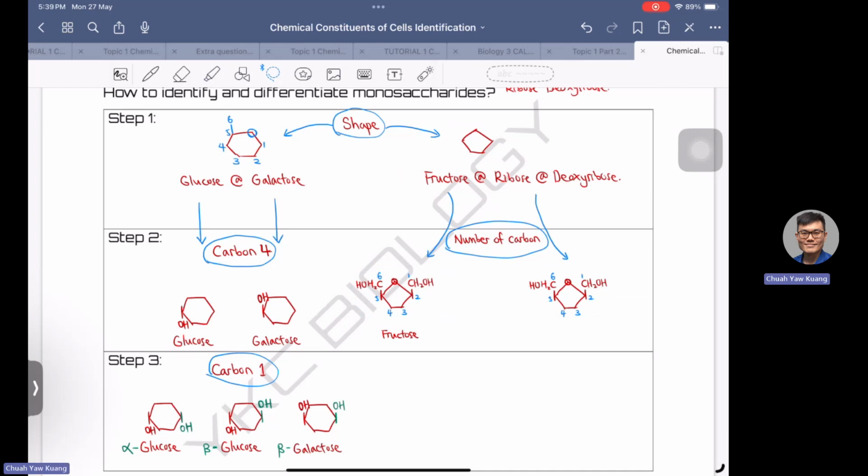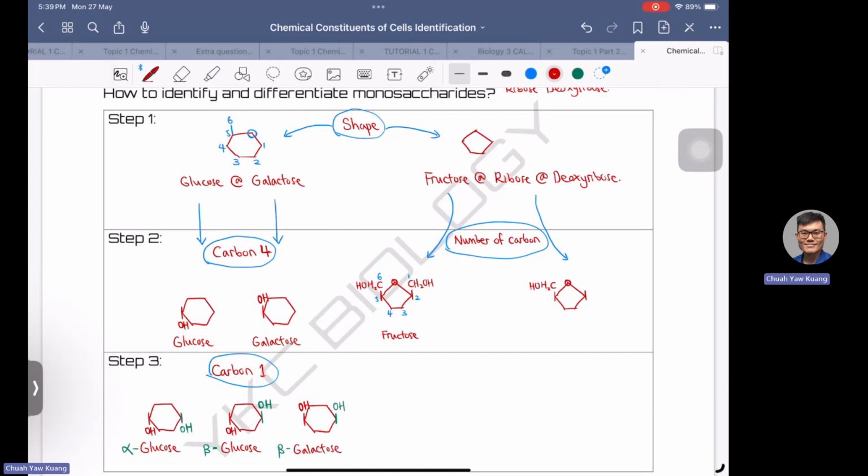But over here, you will notice one thing, that is they will only have 1 CH2OH. So meaning that their number of carbon will be different. So what you will see is carbon number 1, carbon number 2, carbon number 3, carbon number 4, and carbon number 5.